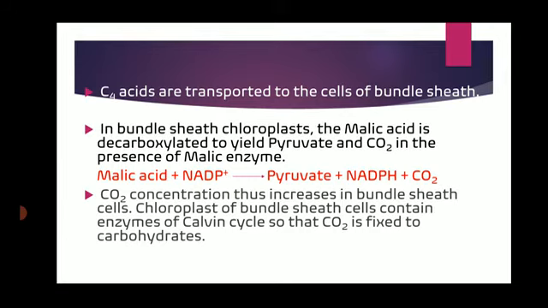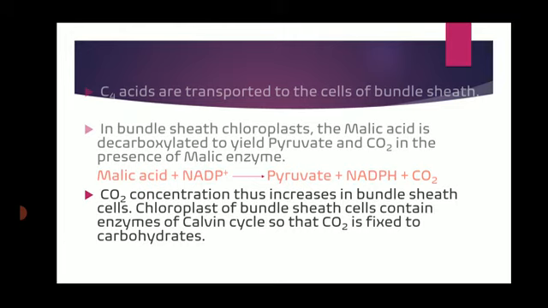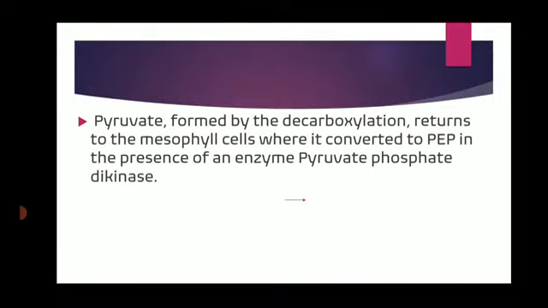Did you understand? So malic acid is converted to pyruvate and releases one carbon dioxide. This carbon dioxide is taken up by the C3 cycle taking place in the bundle sheath cell, and it is utilized for the formation of carbohydrates or sugar.